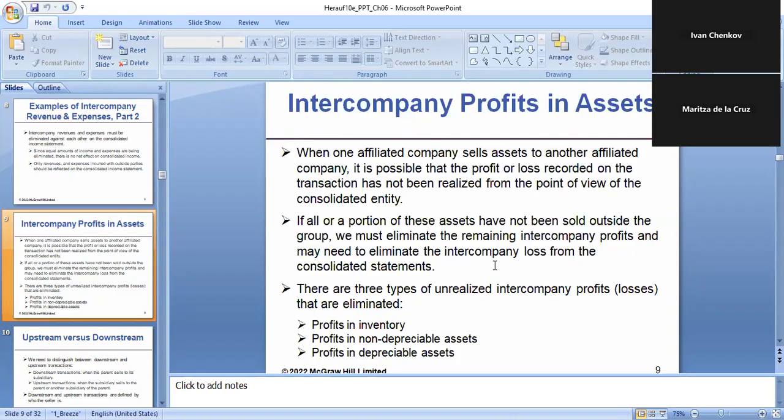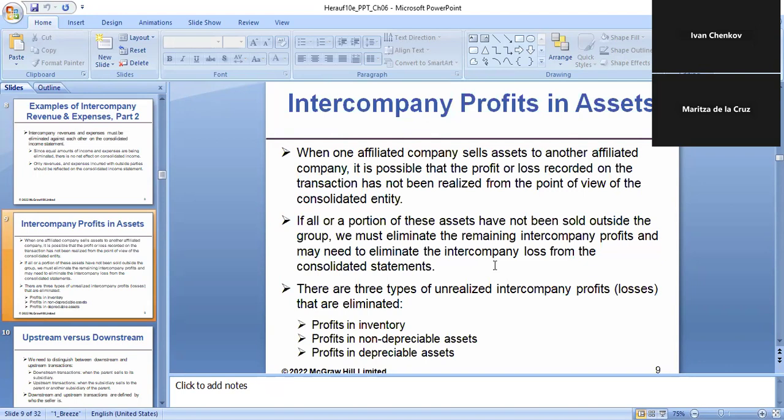If all or a portion of those assets has not been sold to an outside company, we must eliminate the remaining intercompany profits, and we may need to eliminate the intercompany loss if there is any, on the consolidated income.